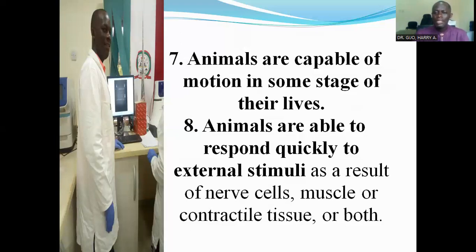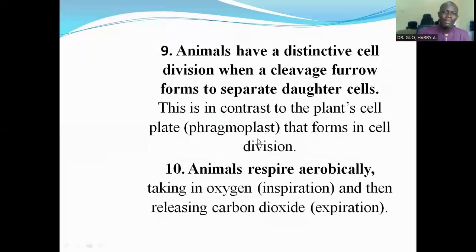Animals are able to respond quickly to external stimuli as a result of nerves, muscle, or contractile tissue, or both, unlike plants that would take some time to respond to stimuli in the environment.